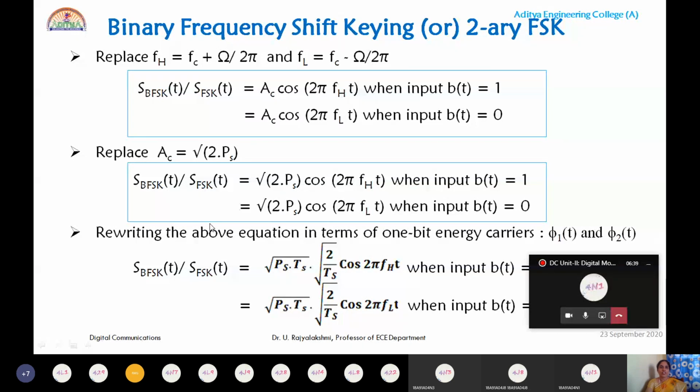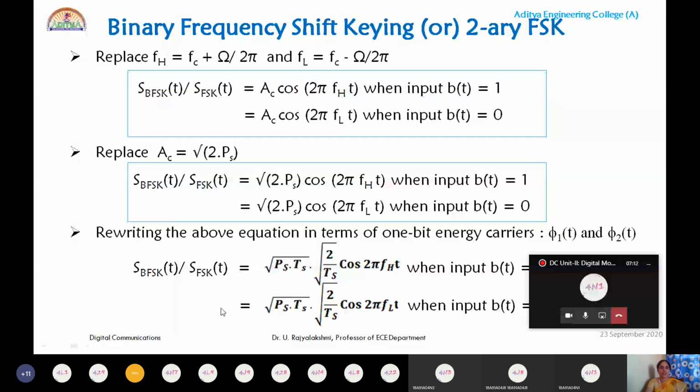Now you can also define the expression in terms of root 2 Ps. Later, we defined the above two expressions in terms of 1-bit energy carriers. Here we have two 1-bit energy carriers because the carrier frequency changes between two distinct frequencies: the high frequency component when the input data bit is 1 and the low frequency component for input 0.